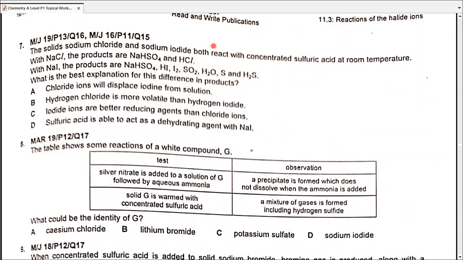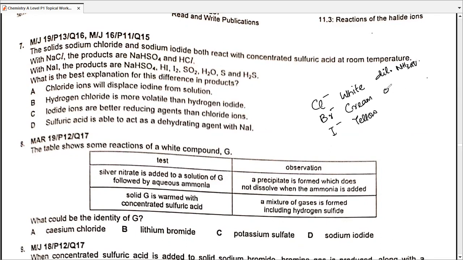Chloride ions give you white precipitate, okay? Bromide ions give you green precipitate, okay? And iodide ions give you yellow precipitate. You can also say pale yellow, that's fine. Now the chloride ions will dissolve in dilute NH3 aqueous, right?